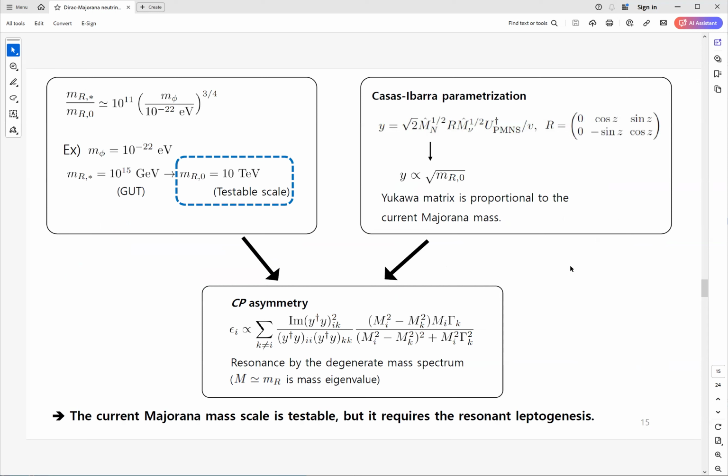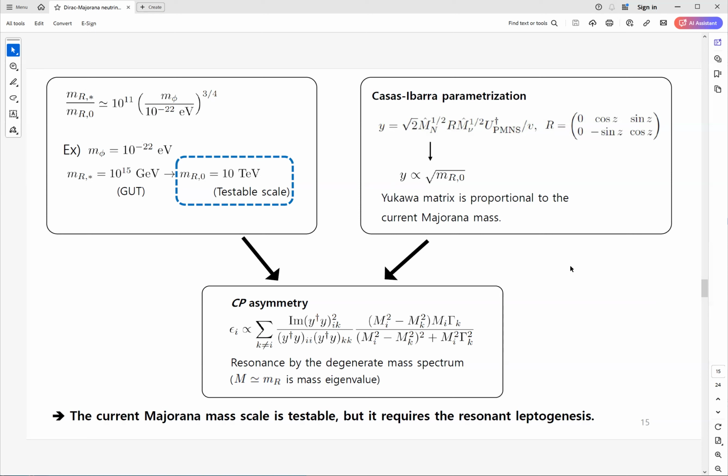And the relation between M_R star for the early universe and M_R zero in the present time is given by a function of the wave dark matter's mass m_phi. For example, for m_phi equal to 10 to the minus 20 electron volt, M_R star is almost a GUT scale, but in the present time, M_R zero is almost a testable scale, around 10 electron volt. But by using the Casas-Ibarra parametrization for the Yukawa matrix, the Yukawa matrix is proportional to the current Majorana scale.